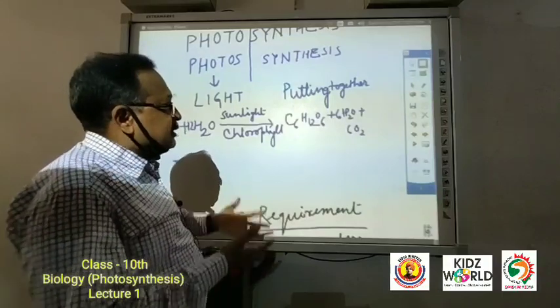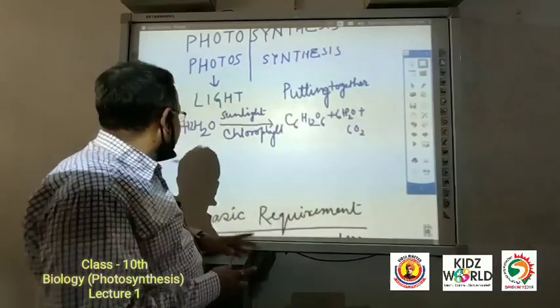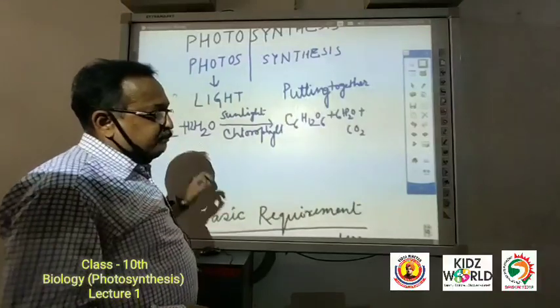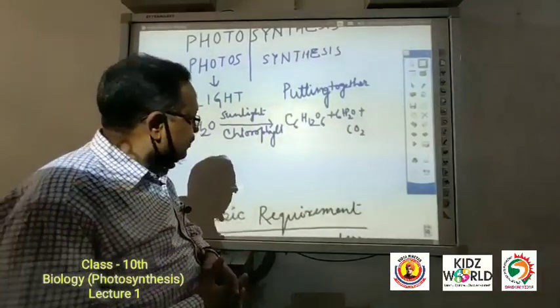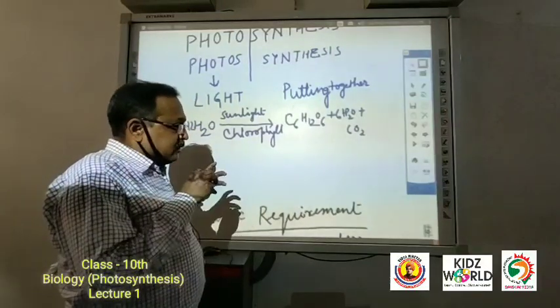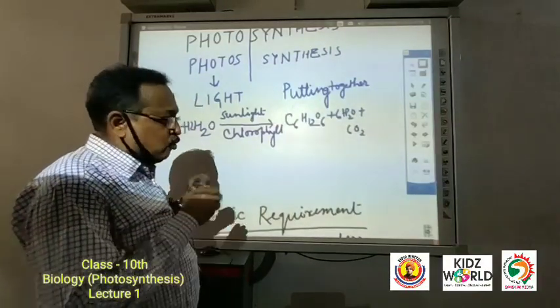So what in photosynthesis is put together? Carbon dioxide and water are put together. Where are they put together? Inside the leaf, or inside the chlorophyll or chloroplast.